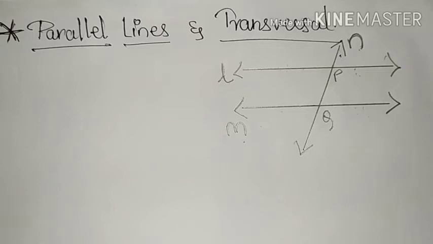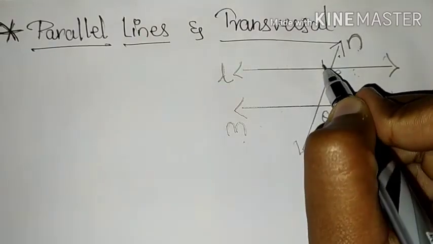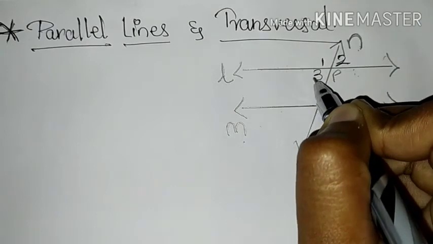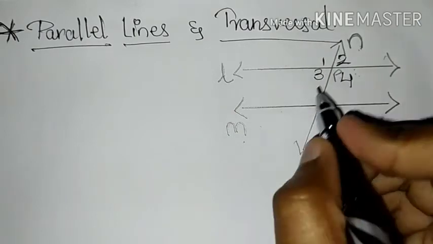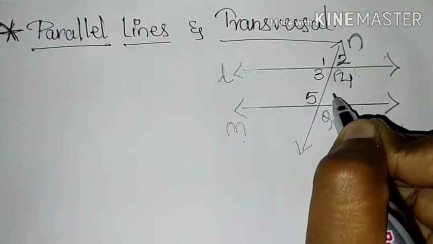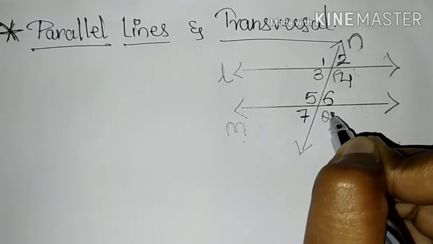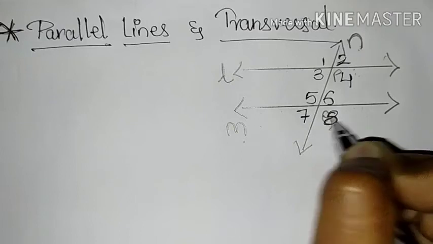Now in these parallel lines we have several sets of angles which are pretty interesting to study. Let us first name the angles which are formed here. This is angle 1, angle 2, angle 3, angle 4, angle 5, angle 6, angle 7, and lastly angle 8.